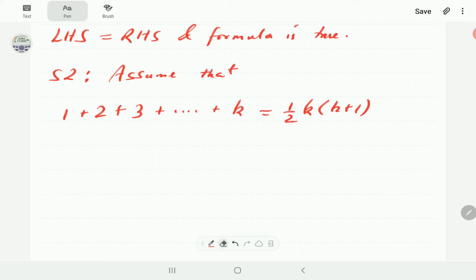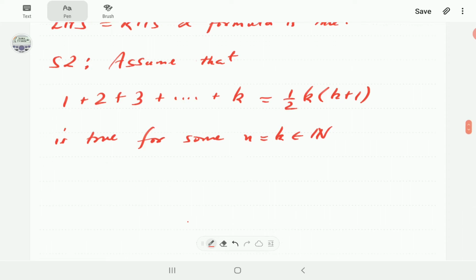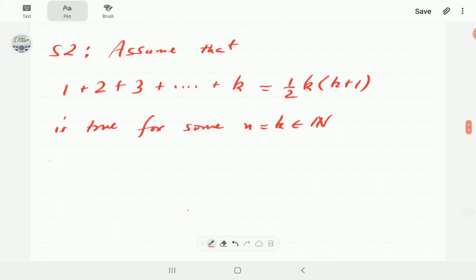So assume that this is true for some n equals k, where k is a natural number. Okay, so then step 2 is done.